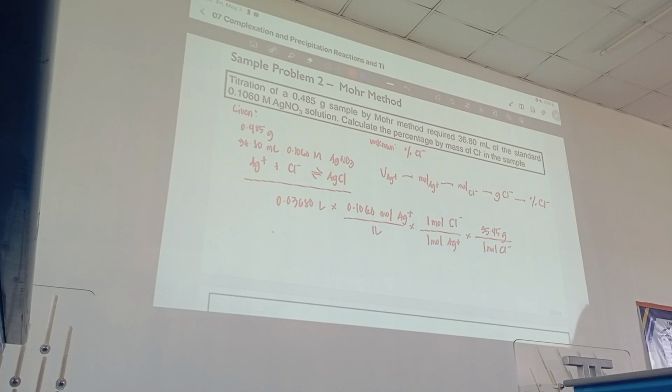All over the total mass, 0.485, times 100. This answer should be 28.5%. Sir, ilang decimal place, sir?